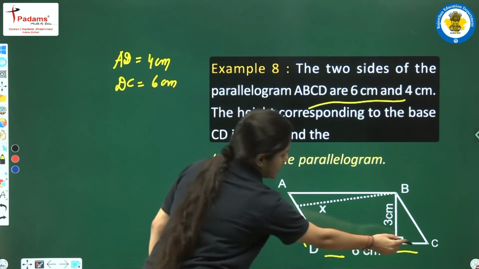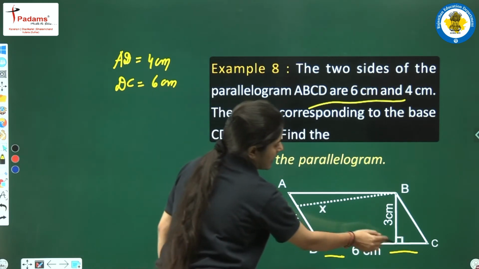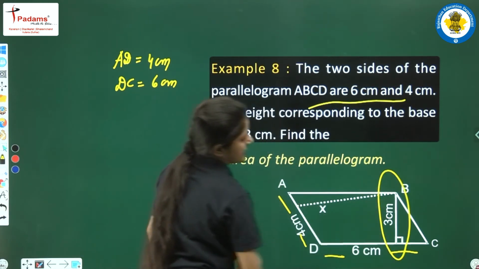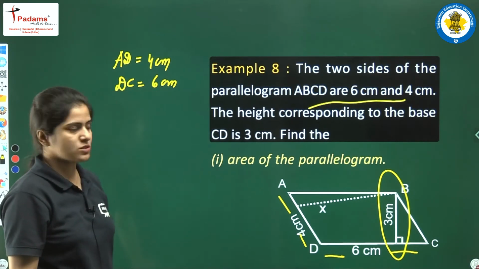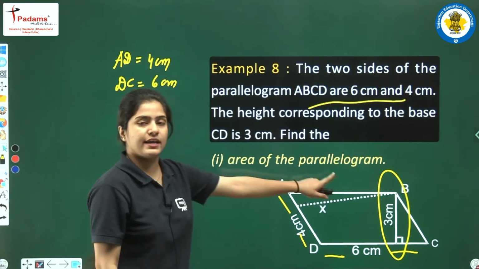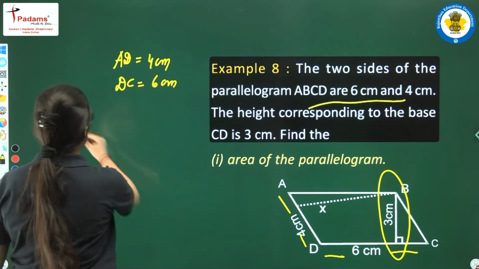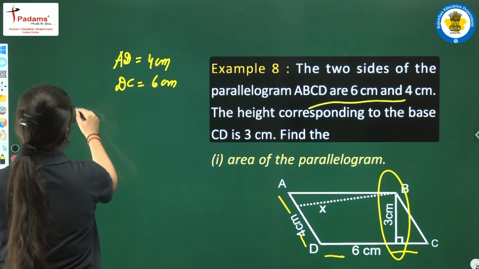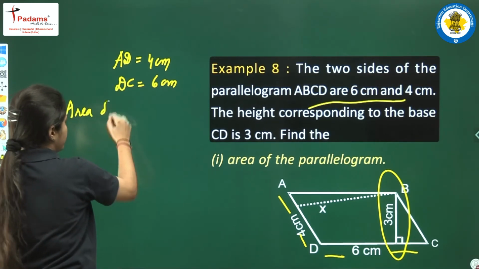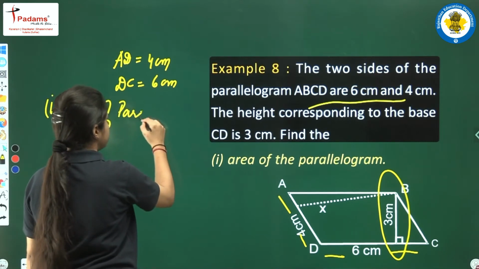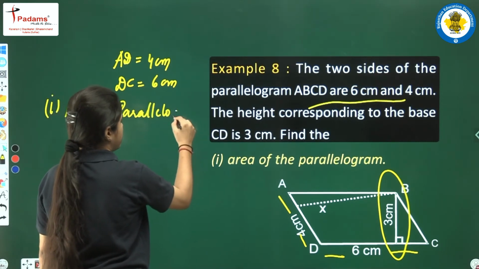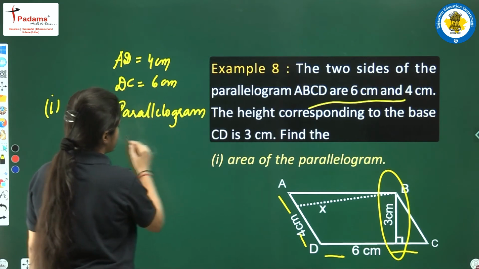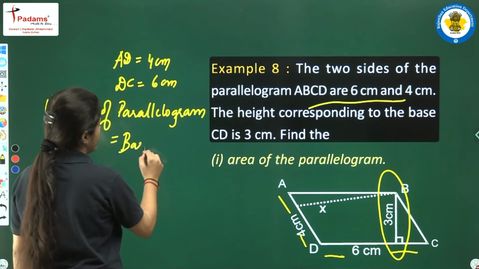Now the height that is given to us across the base CD, this height is 3 centimeter, right students? Firstly, you need to find the area of the parallelogram. So students, what is the area of the parallelogram? Area of parallelogram is equal to base into height.